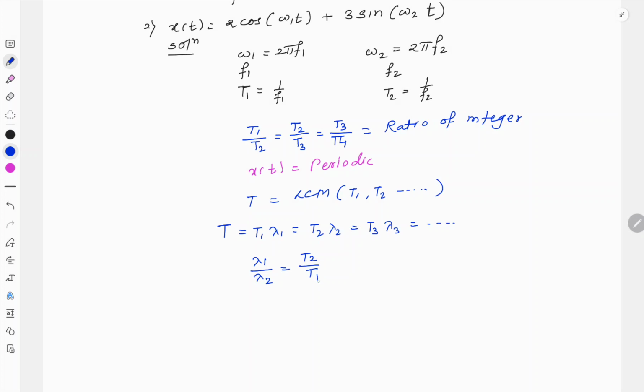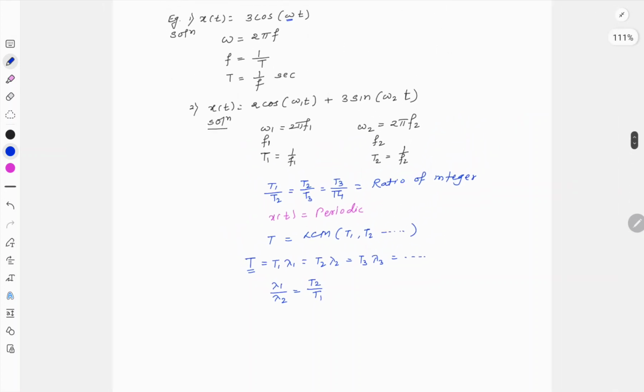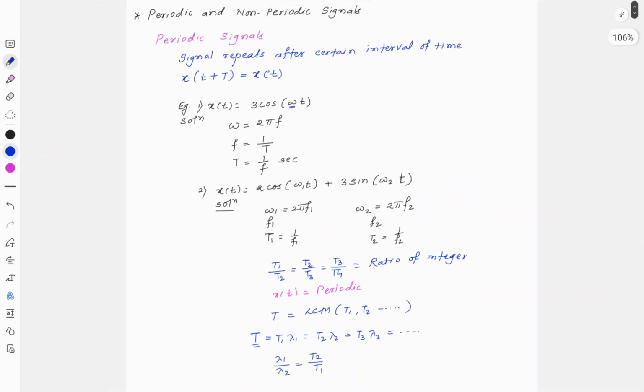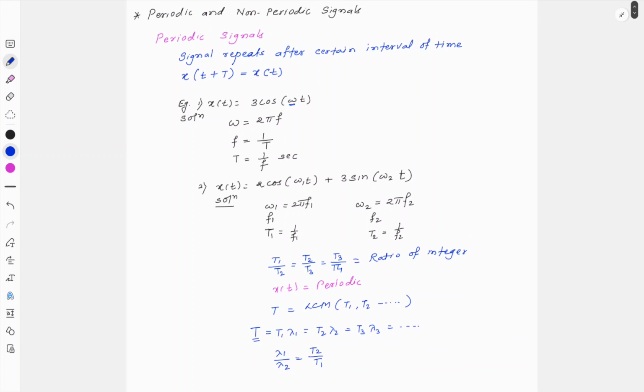From this you can find the values of lambda 1 and lambda 2. Simply substitute the value of lambda 1 in the above equation, and you will get the fundamental period T. So this is how we can classify signals as periodic, but this representation is entirely for a CT signal.